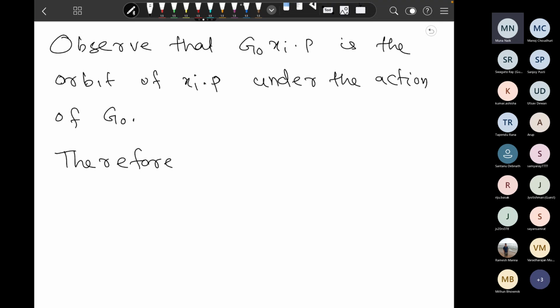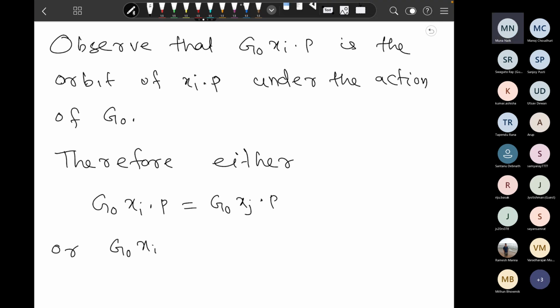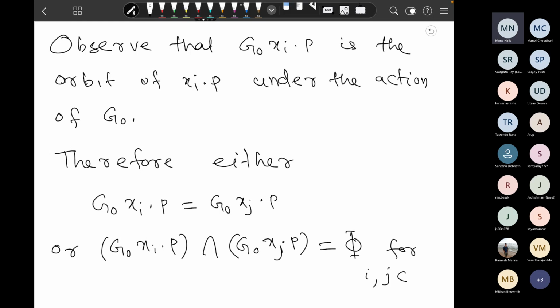Therefore, either G naught xi dot p is equal to G naught xj dot p, or G naught xi dot p intersection G naught xj dot p is empty, for i, j belongs to I.